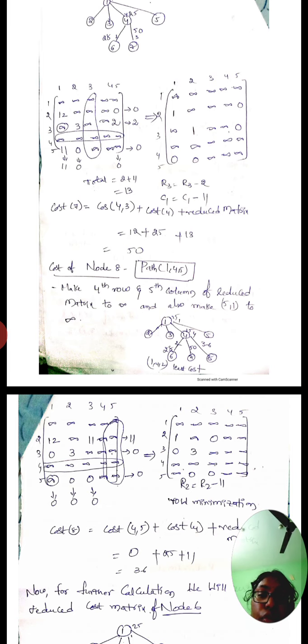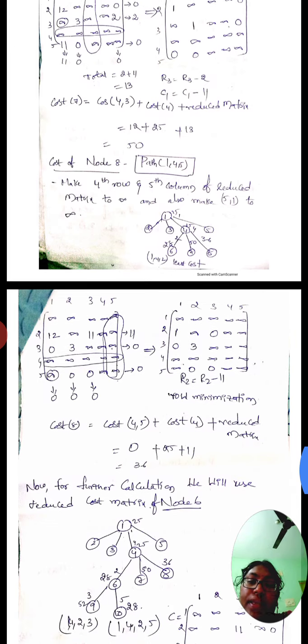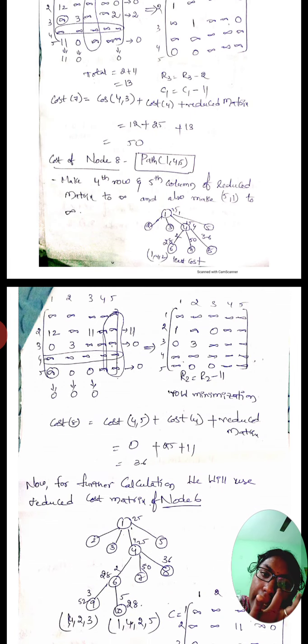For row minimization, row 2 is row 2 minus 11, and the column minimization is all 0.